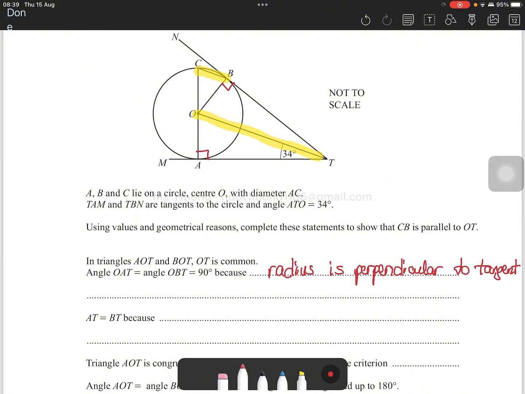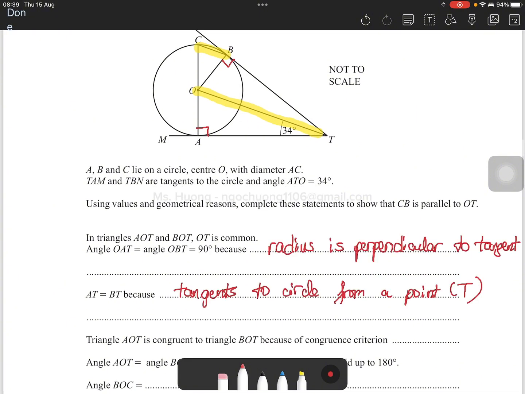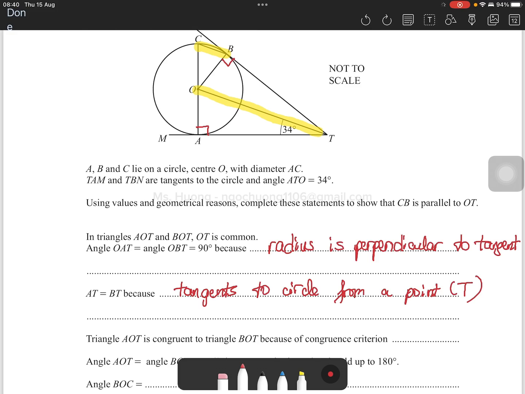Finally, AT is equal to BT because TA and TB are the tangents to the circle from the point T. So we say that if two tangents to the circle are from the same point, which is the point T, then TA is equal to TB. So we say that the triangle AOT is congruent to the triangle BOT because of the congruence criterion.